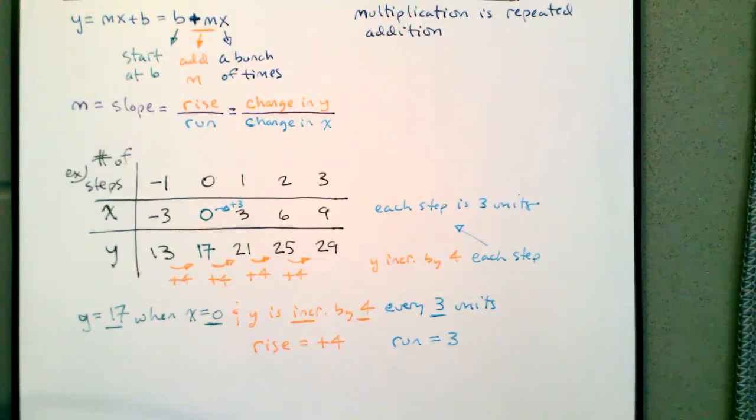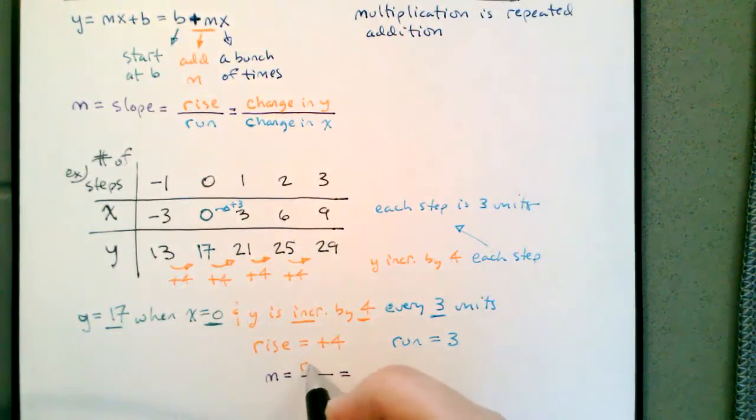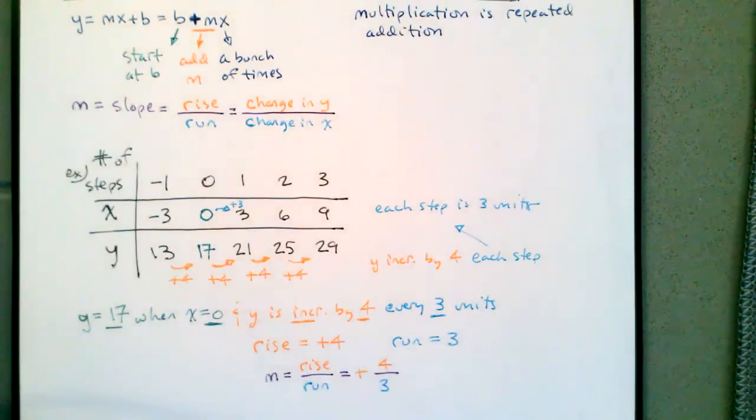So we can combine these to make a slope where we take the rise of positive 4 and divide by the run of 3. So our slope is 4/3.